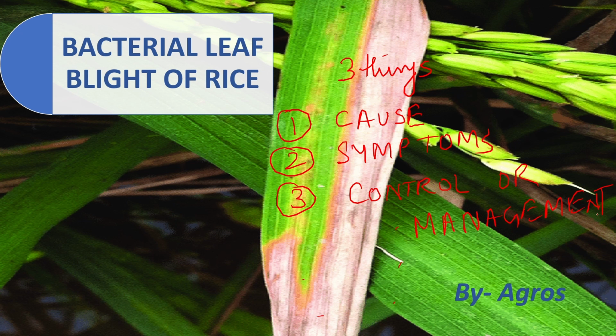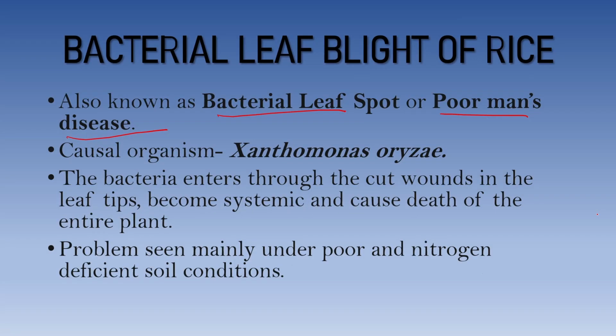So, moving on to the topic, first we will see the causal organism. The causal organism is Xanthomonas oryzae. Remember this scientific name, there is nothing else to remember. Just remember the name exactly.